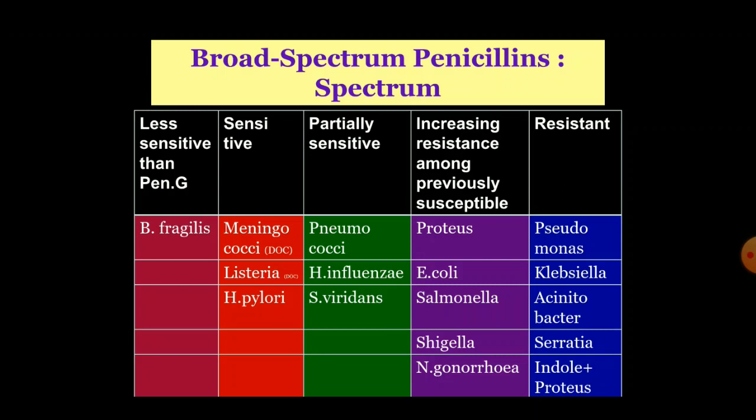So these aminopenicillins, which include ampicillin and amoxicillin primarily, are extended spectrum penicillins rather than broad spectrum penicillins. The term broad should only be used in case of chloramphenicol and tetracycline.